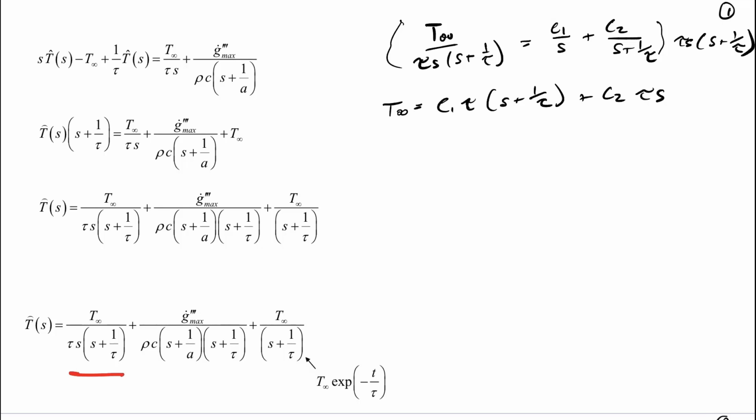So now we just have to group based on our s coefficient, right? We have s to the 0th power terms, and we have s to the 1st power terms here. So we'll come up with two equations for those.